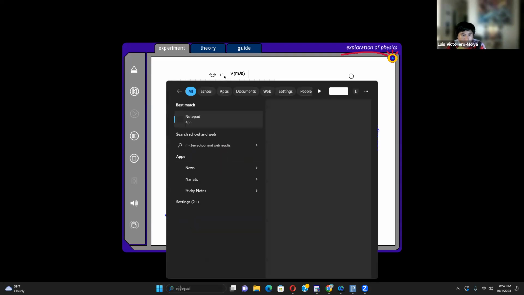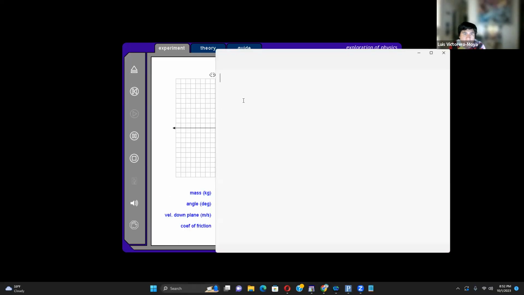Hopefully you will cover this in the lecture, but basically you will have mg sine theta minus mg cosine theta times mu equals mass times acceleration. Mass doesn't matter.